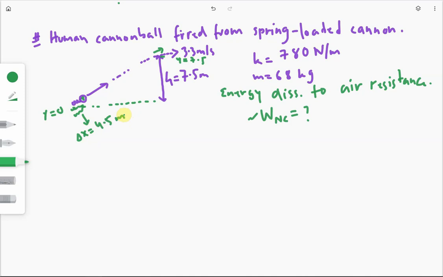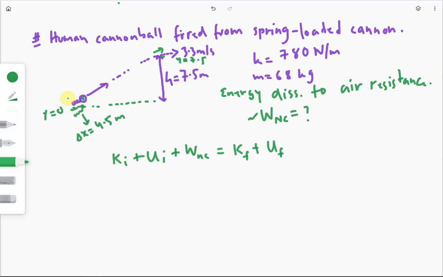Okay. Then let's write out what our work energy theorem would be. We have Ki plus Ui plus non-conservative work equal to Kf plus Uf.